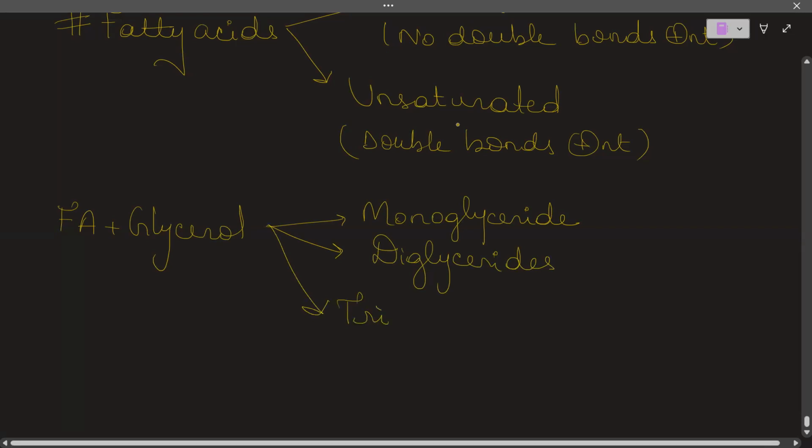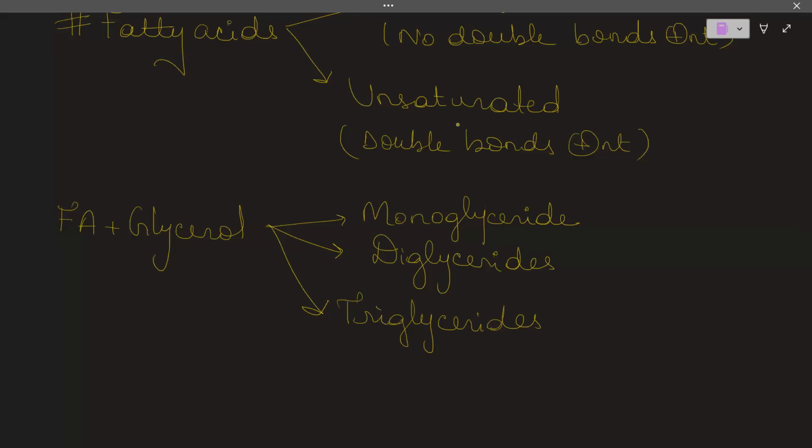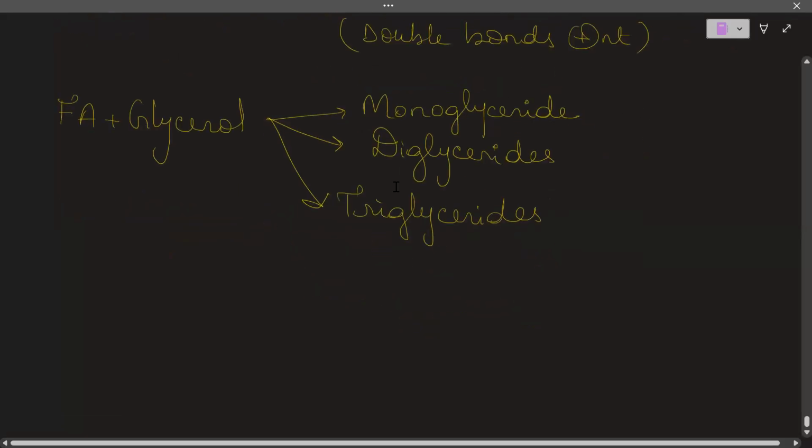So you see how mono, di, and tri are the various kinds formed when the fatty acid gets combined with the glycerol. Clear, students? Yes, ma'am. Any doubts?